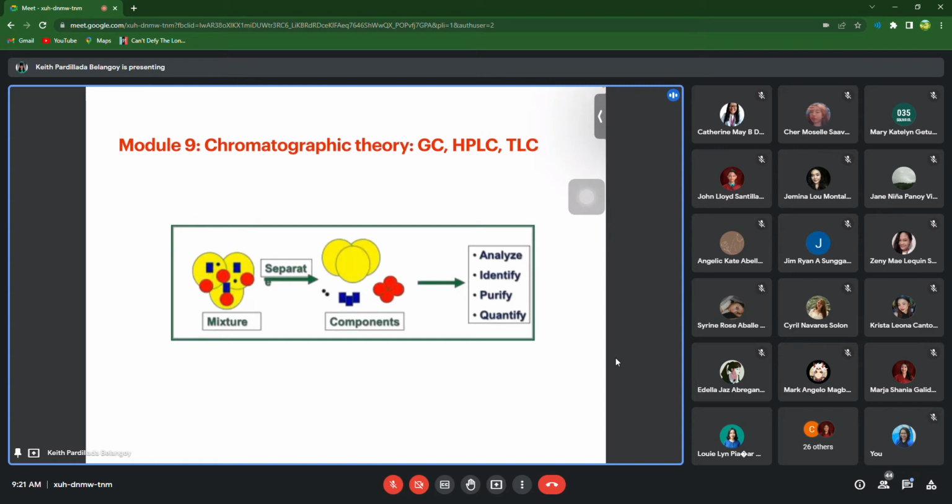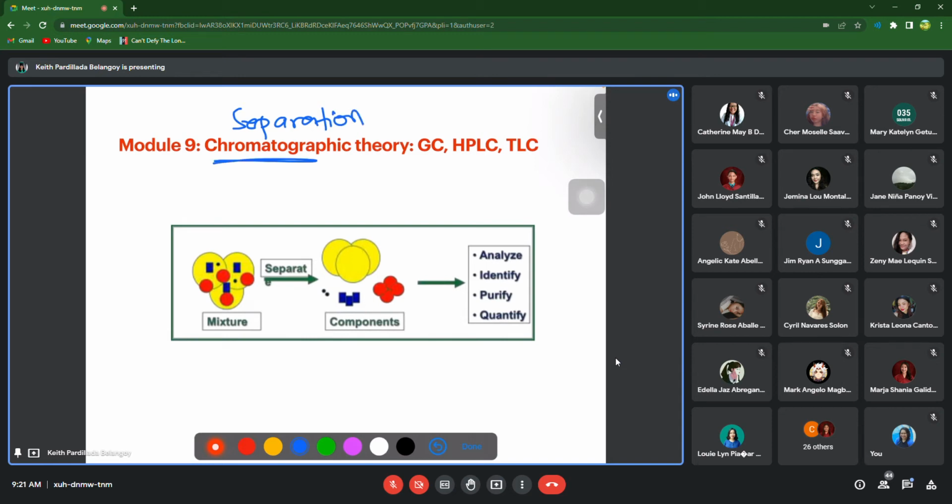Okay. So I hope when you read your module 9, you already had an idea of what it is all about, diba kay? Ang title niya is Separation Techniques. So that means that chromatography is actually about separation of substances or knowing kung pila ka buok or unsay naa nga substances present in that certain compound.